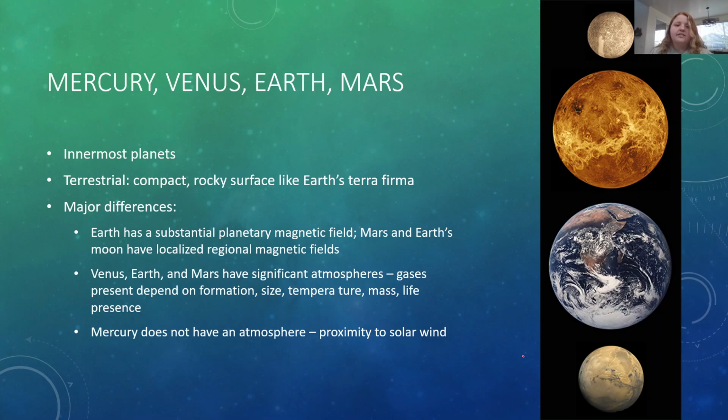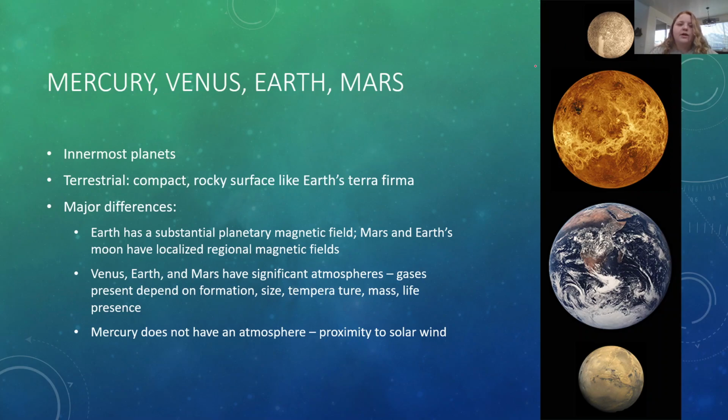And the gases that are present depend on the formation of the planet, the size, the temperature, the mass, and if it has any sort of life present. And of course, as we know it, the only planet that has life is Earth. Again, Mercury does not have an atmosphere, and that is due to how close it is to the sun, how much solar wind it is getting.